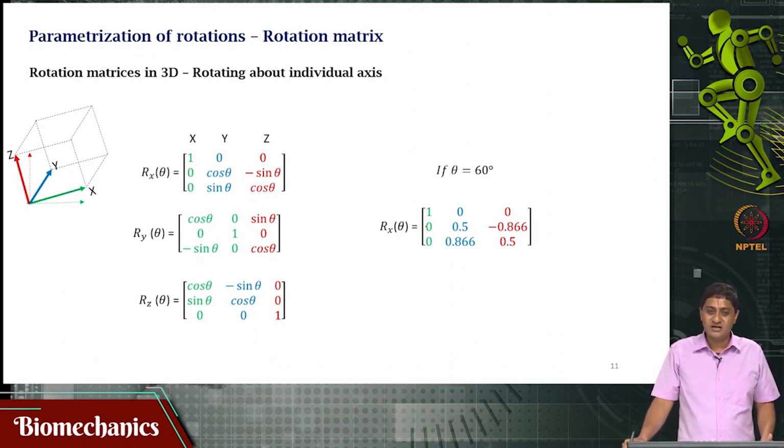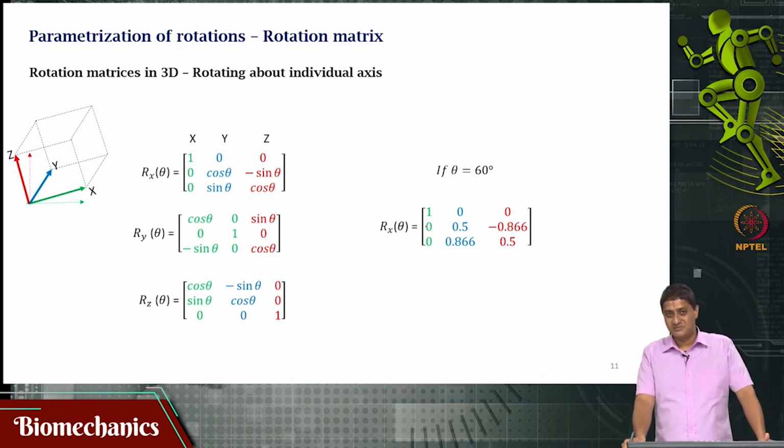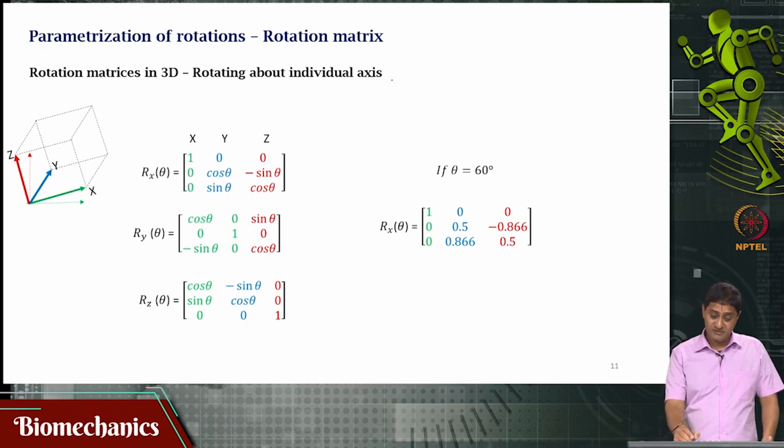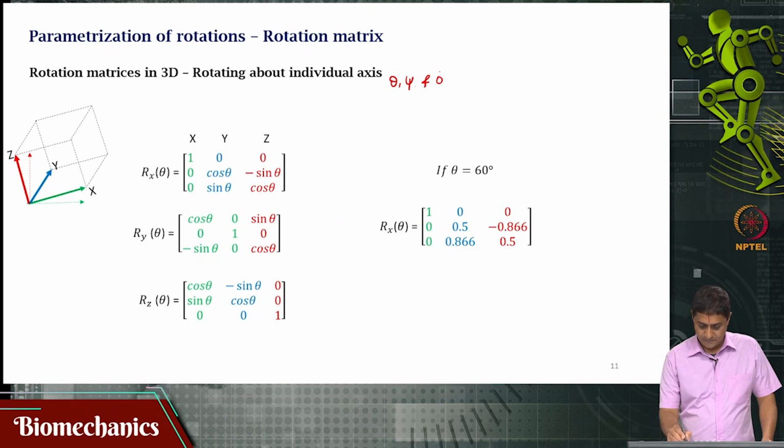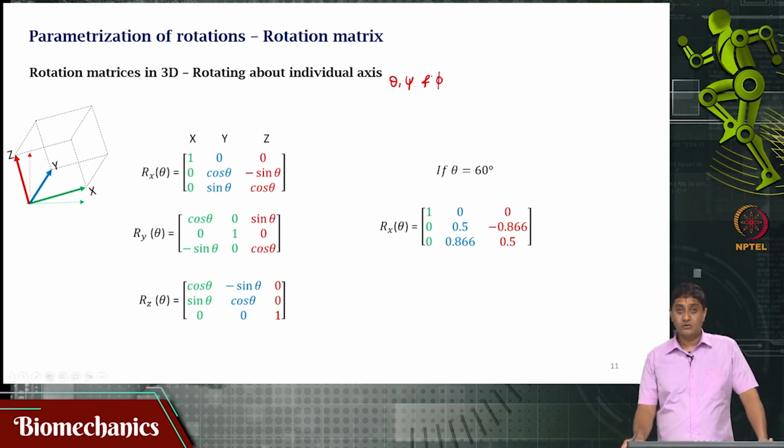You do not have to rotate by the same angle about all the 3 axes. You could have 3 different angles, theta, psi and some phi. In this case, it is assumed that all of them are rotating by the same angle theta.